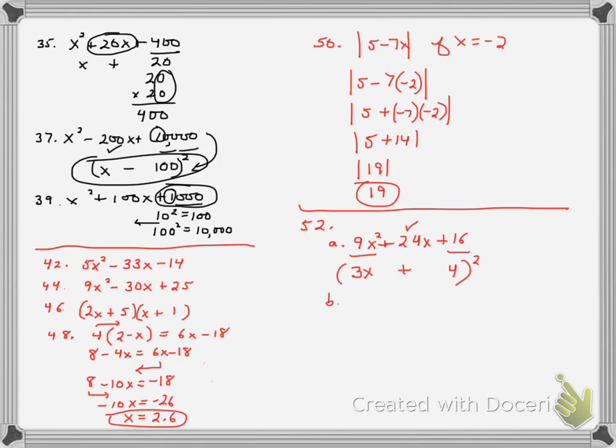I'm going to do a few more for you and then give you the answers to the rest. So that would be the answer to A. Let's make that a little neater here. Let's circle that answer. B, 25x squared minus 70x plus 49. We have a 5x if we square it. We have a 7, if we take the square root of 49.